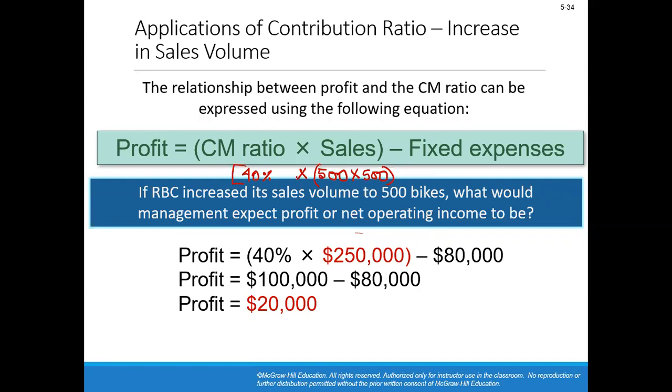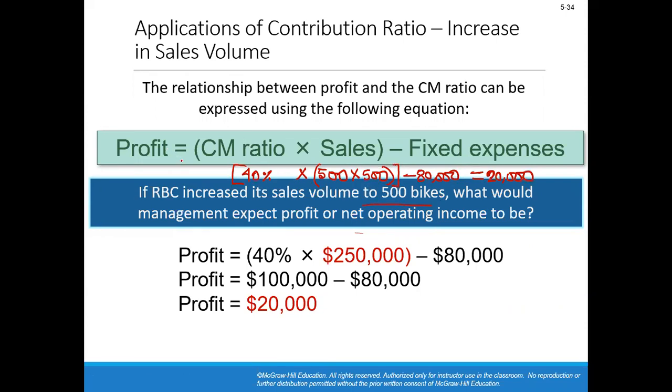So from here, we get the contribution margin. And if we subtract the fixed expenses, we get the total profit in this scenario. If you do this calculation, you will see that the profit will go up. Profit in total is 20,000.